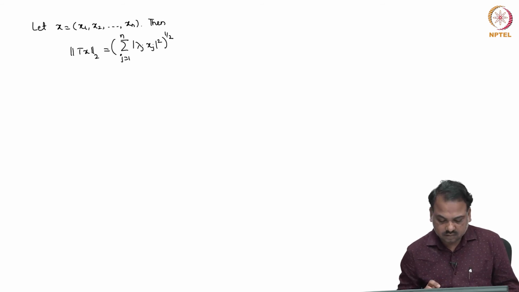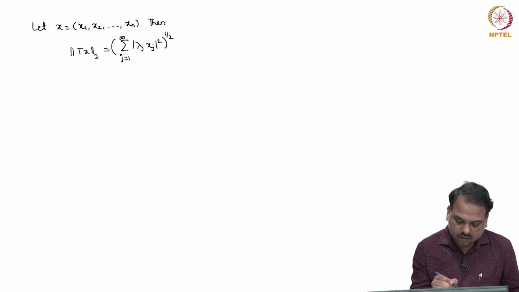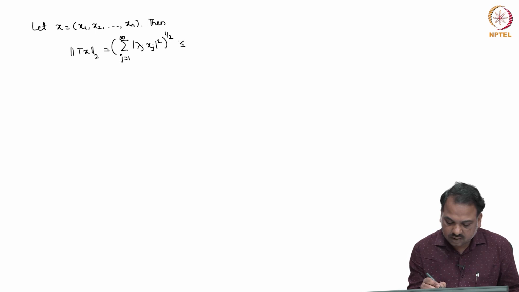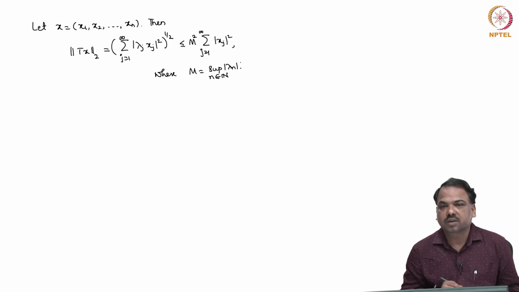Now this is less than or equal to M times the summation j equal to 1 to infinity mod x_j square, where we can take M to be the supremum of mod lambda n, n in N.